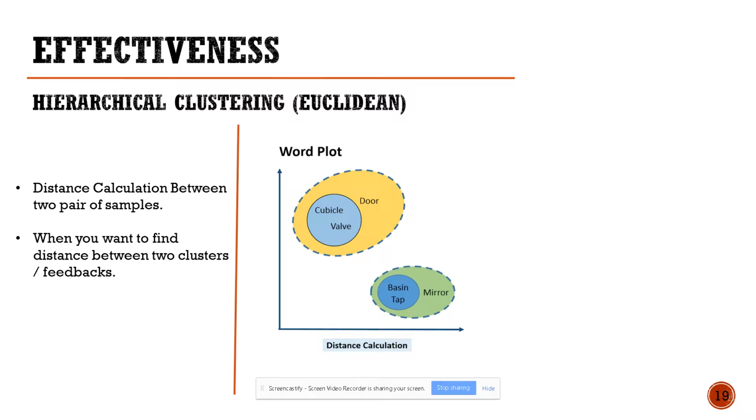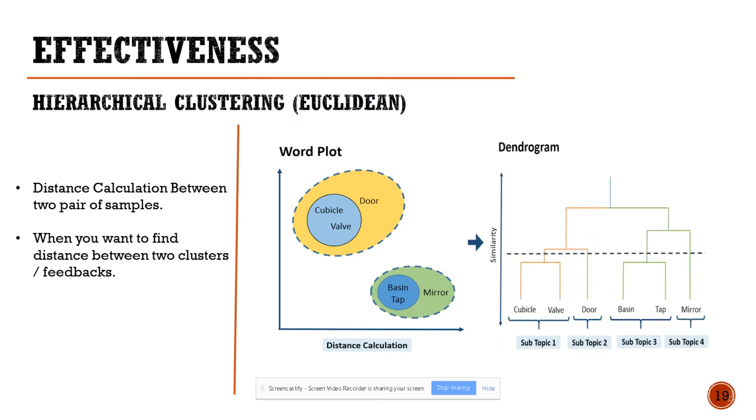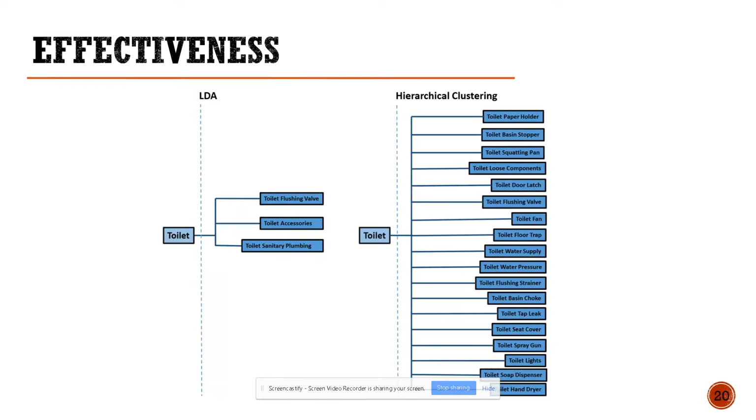Whereas for effectiveness, we would like to introduce a new technique, hierarchical clustering, which relies on Euclidean distance calculations to account for the dissimilarities between two samples. And based on the calculated dissimilarities, it will be plotted onto the dendrogram. After performing hierarchical clustering, we have two sets of subtopics, one by hierarchical clustering and another one by LDA.